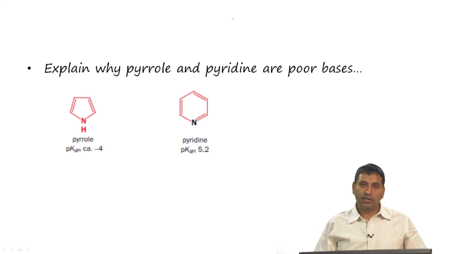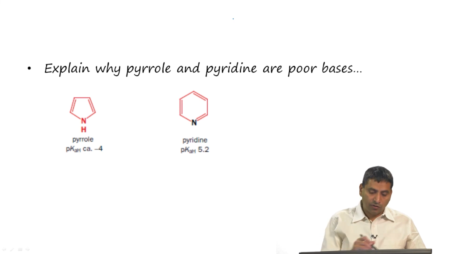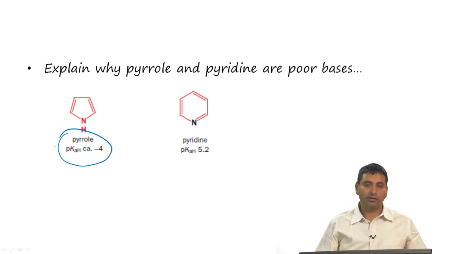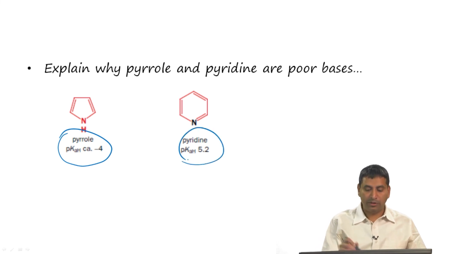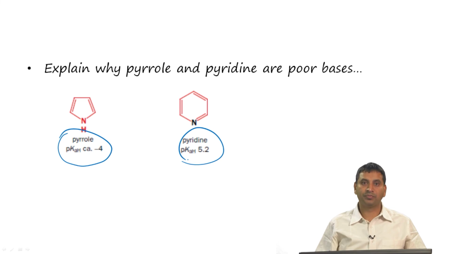Now, let us look at the next example of a cyclic nitrogen based base. Pyrrole is an extremely weak base with a pKa of -4, whereas pyridine has a pKa of 5.2. But both of these are actually poor bases when compared to a regular amine, whose pKa is substantially higher.